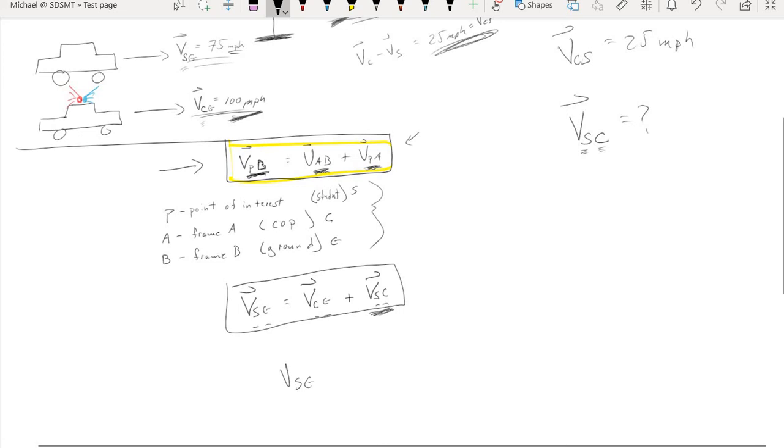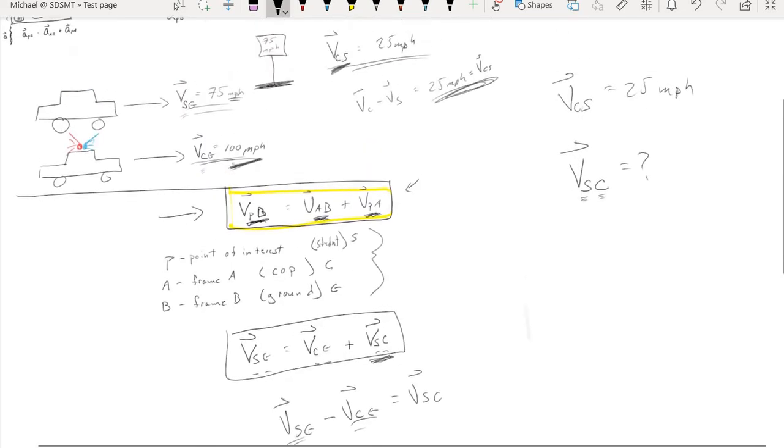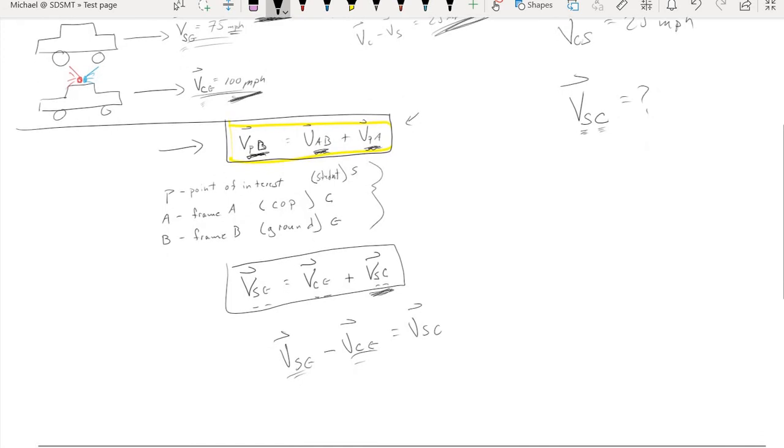So we can find that by taking the difference in the student's velocity with respect to the cop's velocity. Now these two values, they haven't changed. We still have 75 and 100.